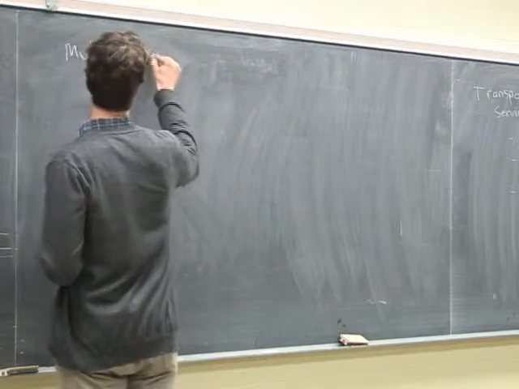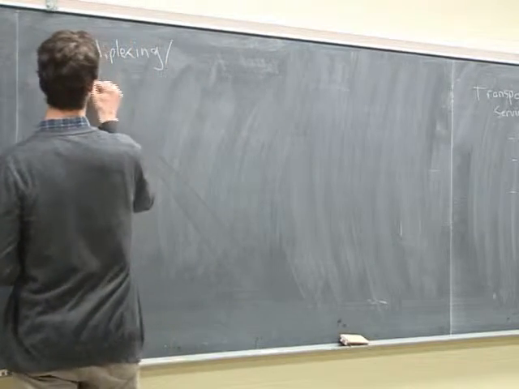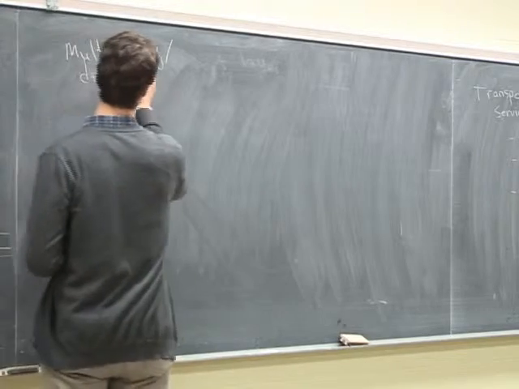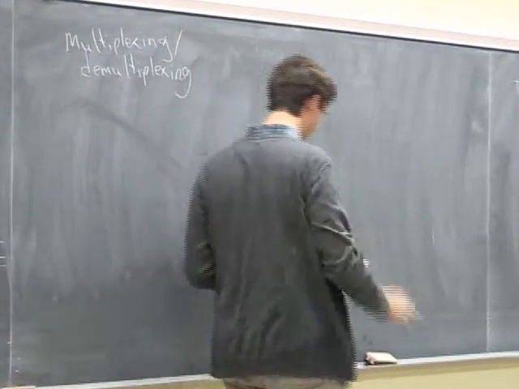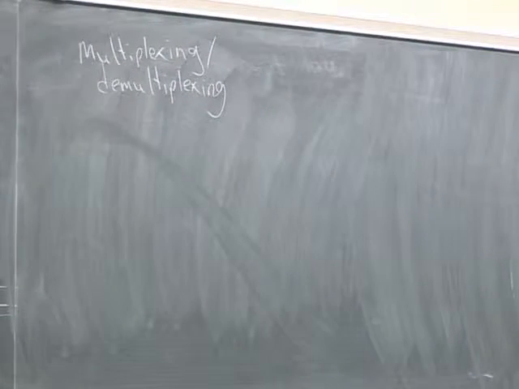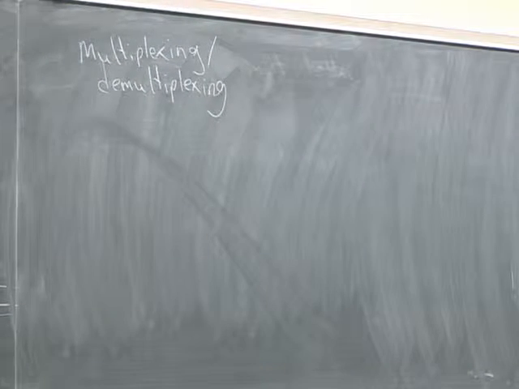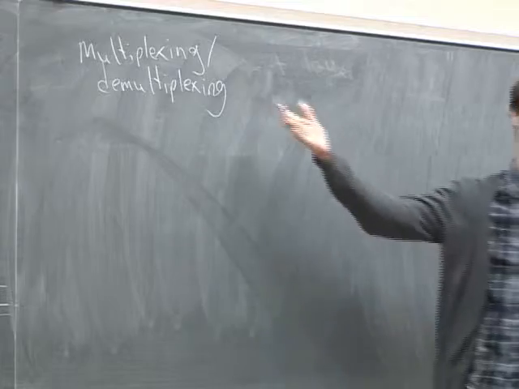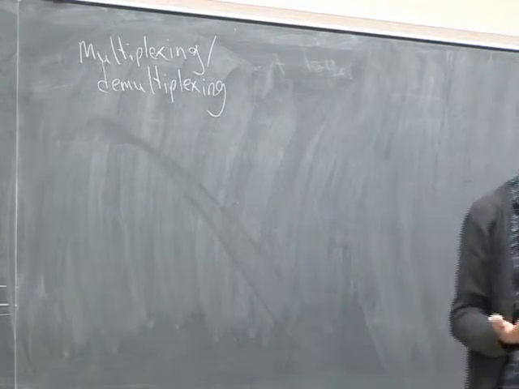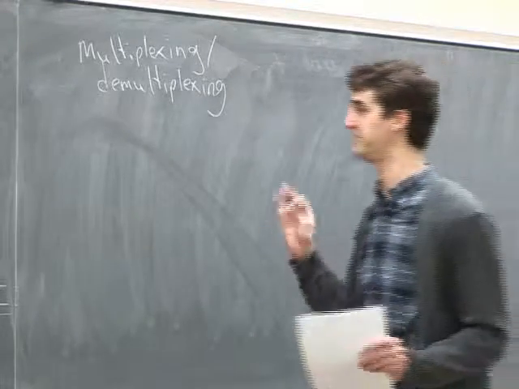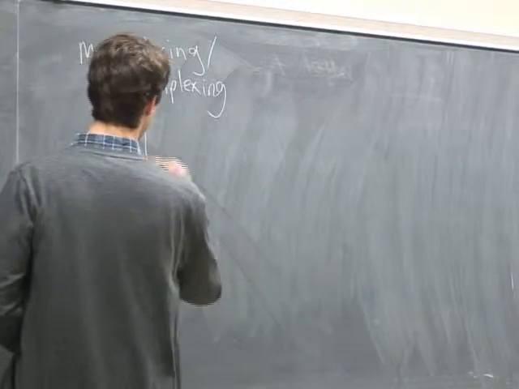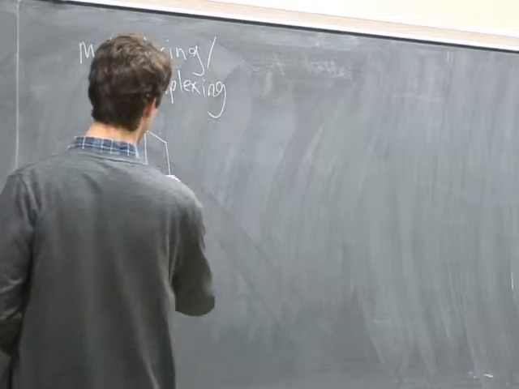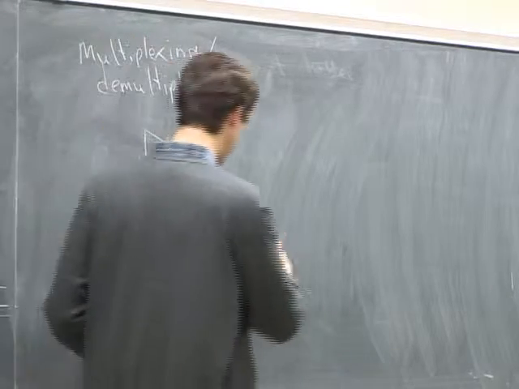So we'll talk about multiplexing and demultiplexing. If you're in engineering, you should have heard these terms before. For those of you who are not, they're pretty simple concepts. A multiplexer and a demultiplexer is typically drawn like this.